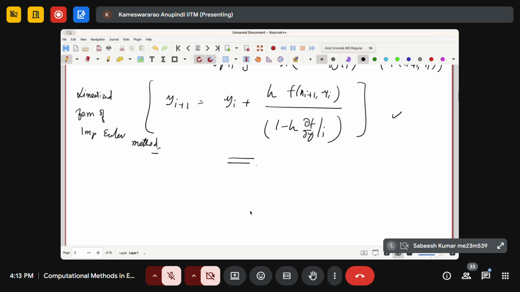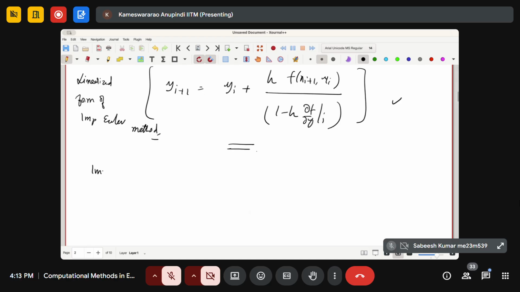Okay, so the implicit Euler method is also locally second order accurate. Second order means order h square, and globally it is going to be order h, similar to the explicit Euler method.